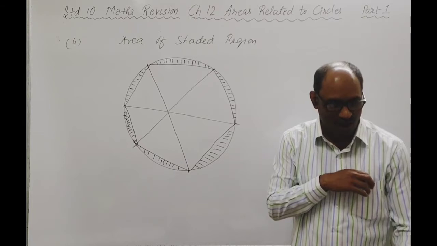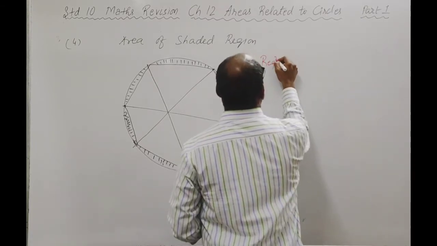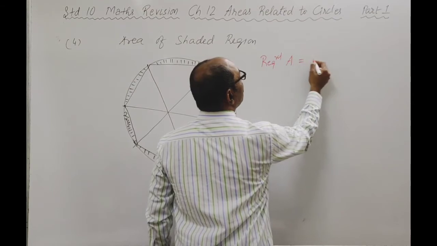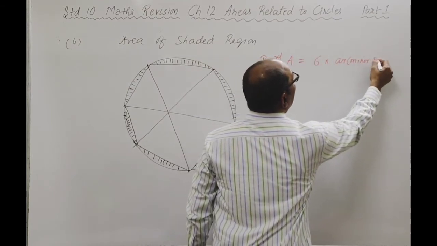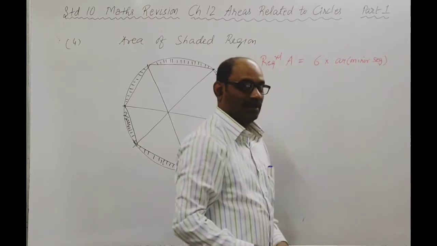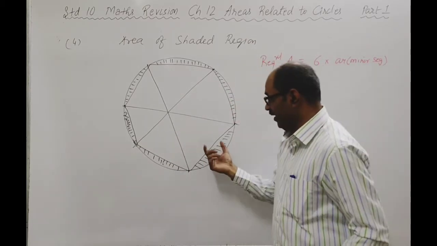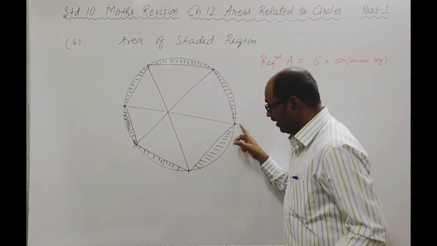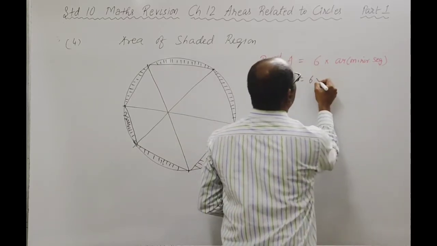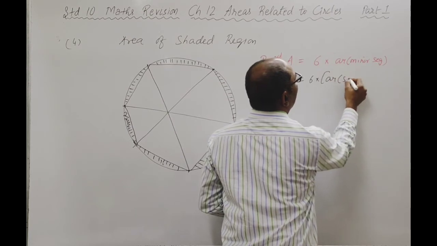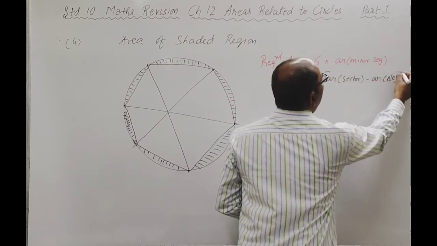Required area is 6 times area of minor segment. Segment formula is difficult. How do you find area of segment? Sector minus triangle. Correct? That is equal to 6 times area of sector minus area of triangle.